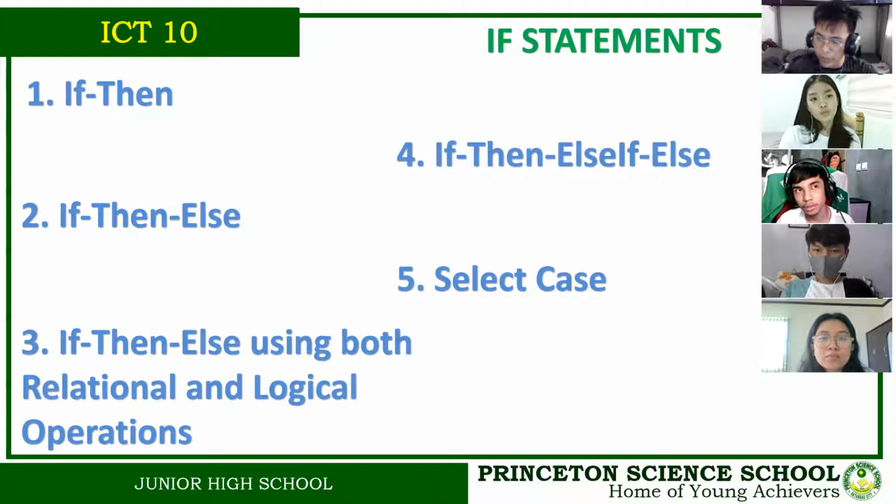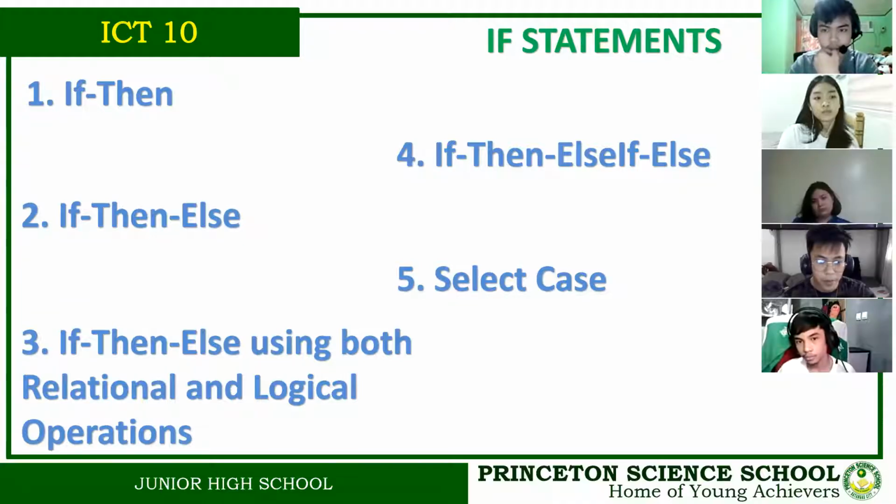For example, the first condition is in the range of 0 to 50, and the other condition is the range of 50 to 60. So which among these statements are we going to use?